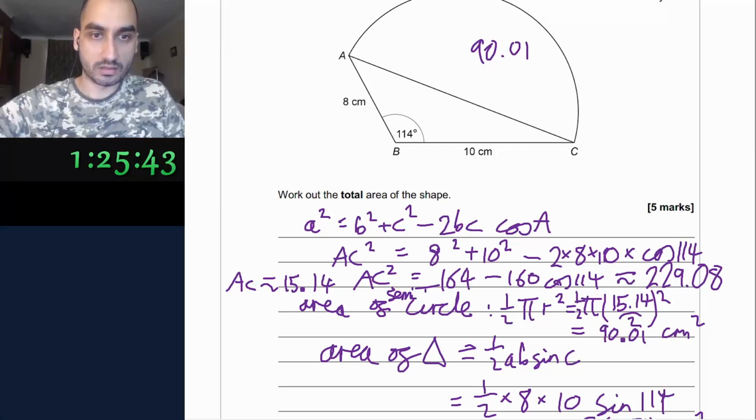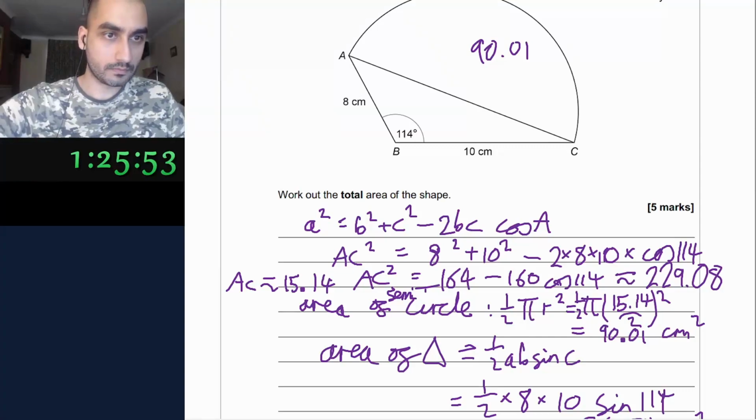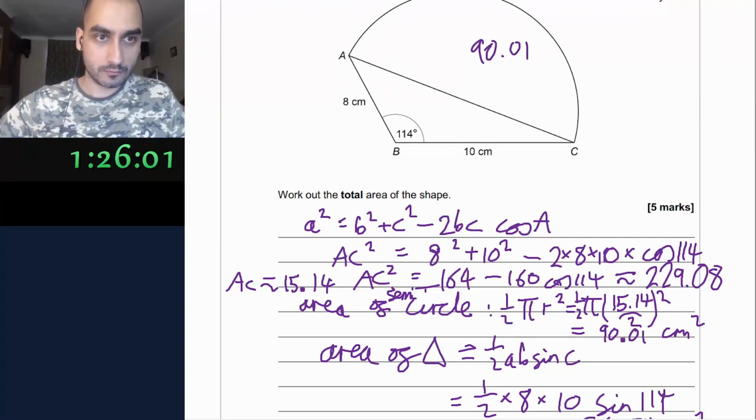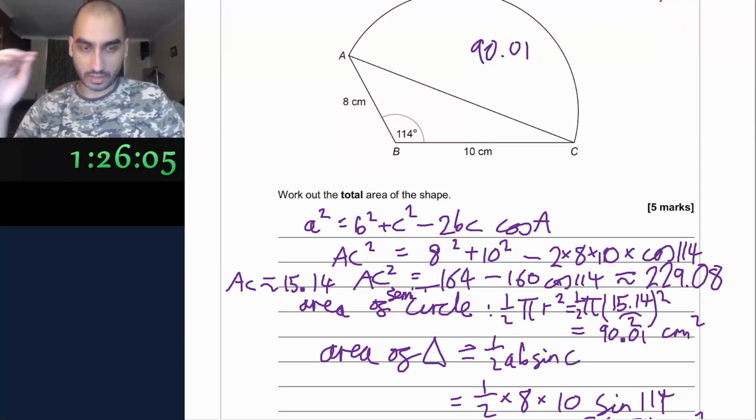It's 229.08. We want to square root that. We've got 15.14. Okay.